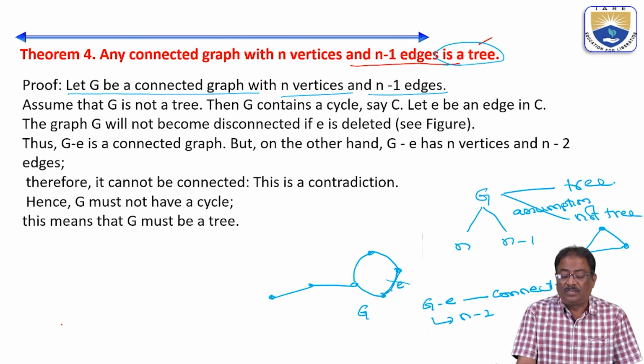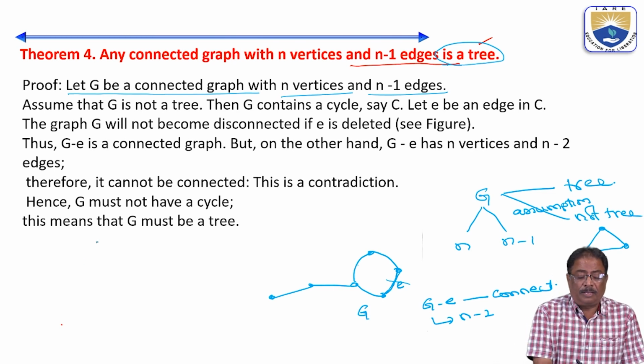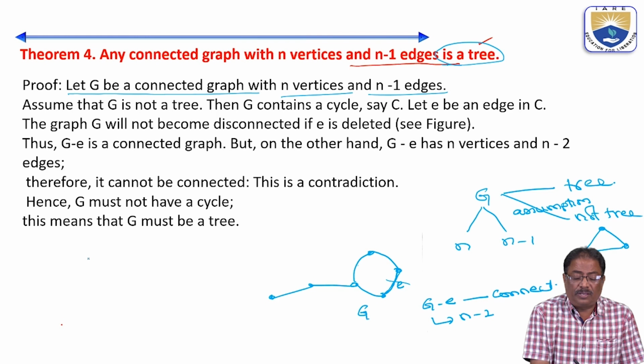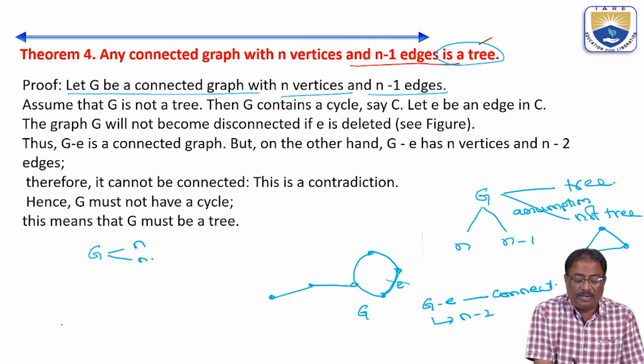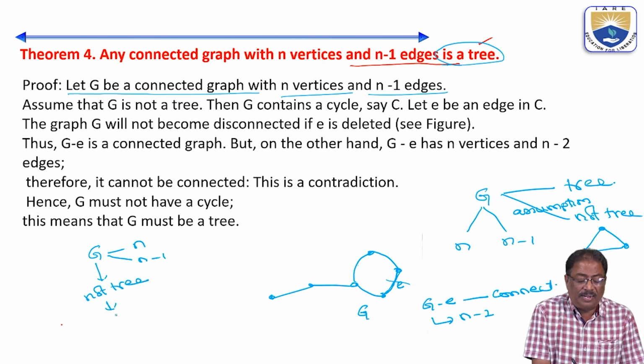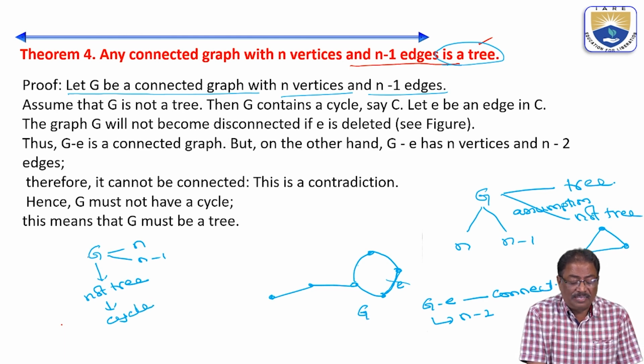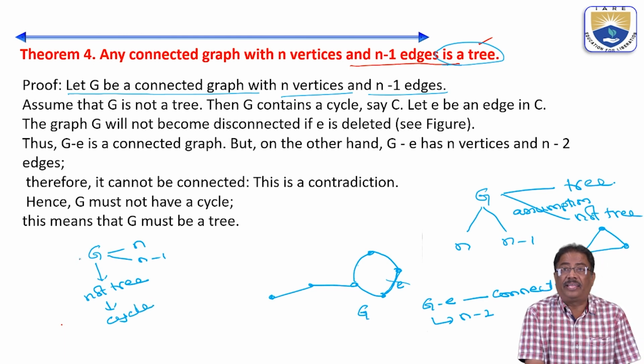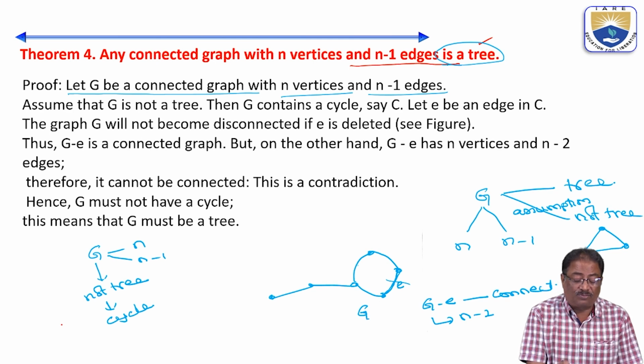So that's right. So here what is given, once again I am repeating. G is a graph which is having n vertices and n minus 1 edges. We are assuming that it is not a tree. It is not a tree means it is having a cycle. But what is given? G is a connected graph with n vertices and n minus 1 edges.